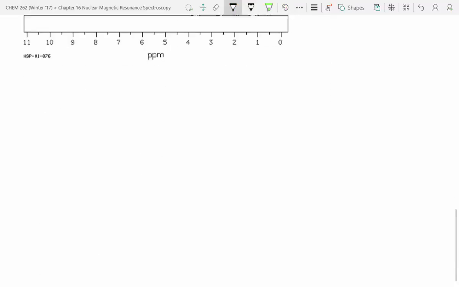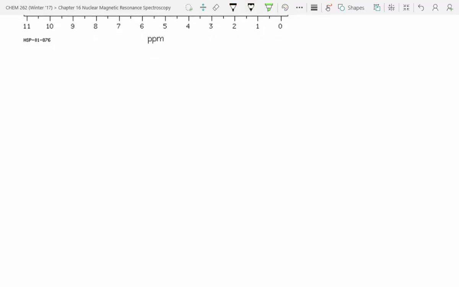This one I want you guys to do in a group. And let's just focus on filling out our chart. So we're going to do that HX, the integration, and then the splitting.